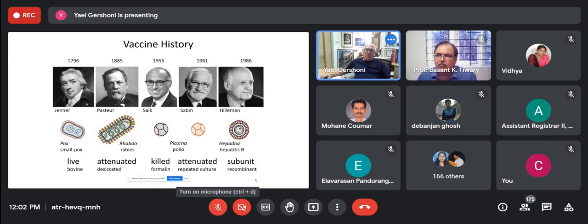Now, the work that we have been doing has taken this one step further. And although we don't have examples of successful epitope-based vaccines, we are convinced that this does have promise and should be beneficial.